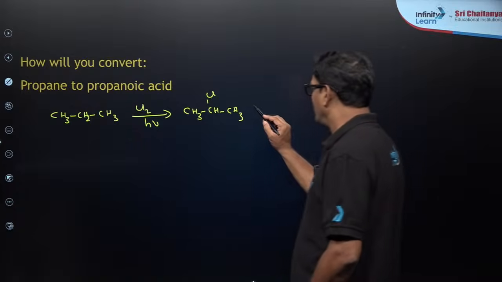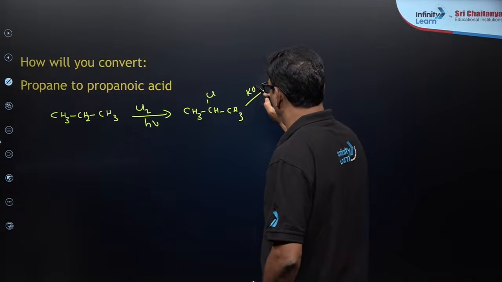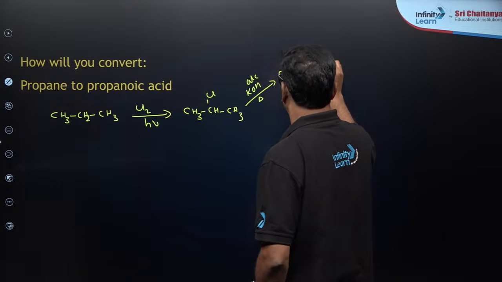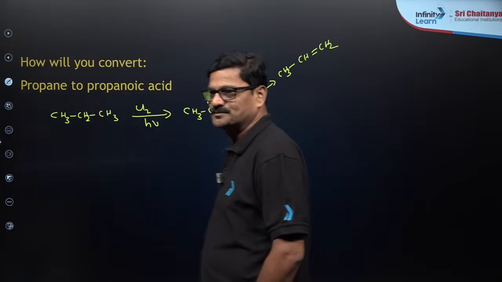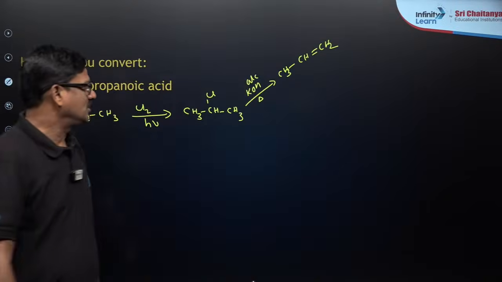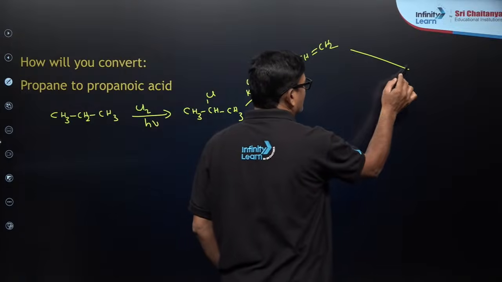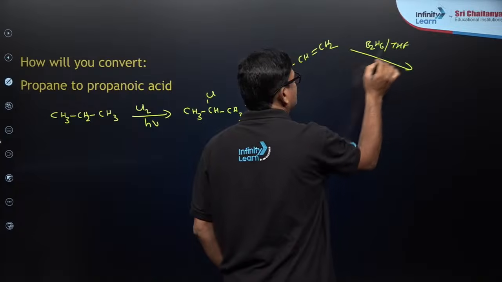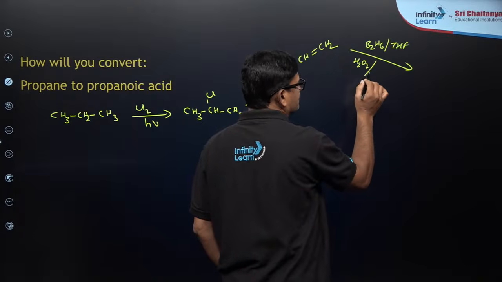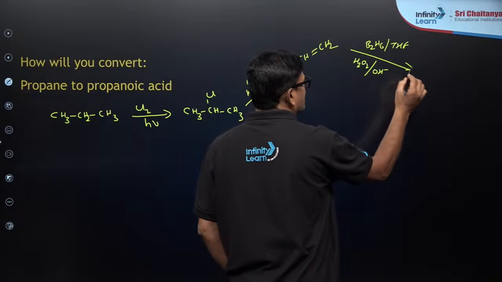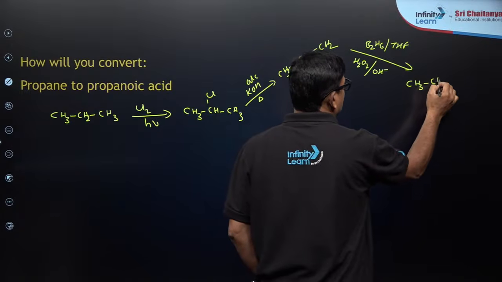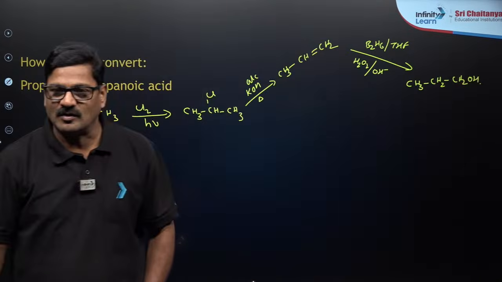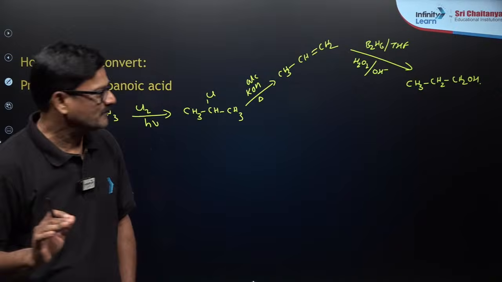Now I just want to dehydrohalogenate it. KOH alcoholic, CH3CH=CH2. I just want to take it to hydroboration oxidation, B2H6, THF and H2O2, OH minus. You are going to get CH3CH2CH2OH, propan-1-ol, anti-Markovnikov addition.